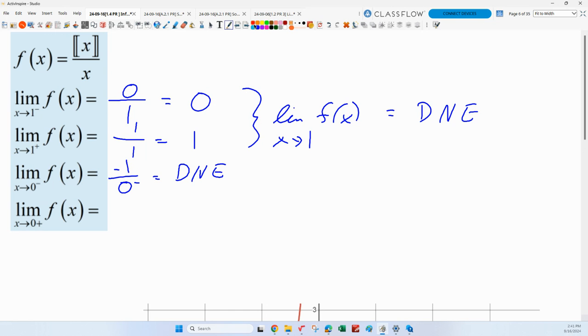Okay, what about this bottom one? Limit of the function as x approaches 0. What do I get? I get 0 over 0, right? So that seems indeterminate, doesn't it? But I'm telling you that the answer is 0. How come? Yeah, because the number on the bottom isn't really 0, it's 0 plus.